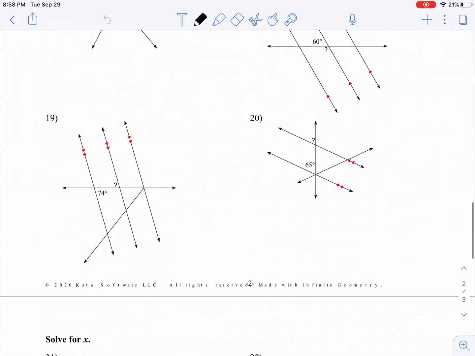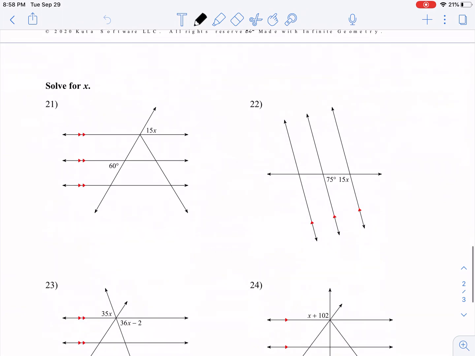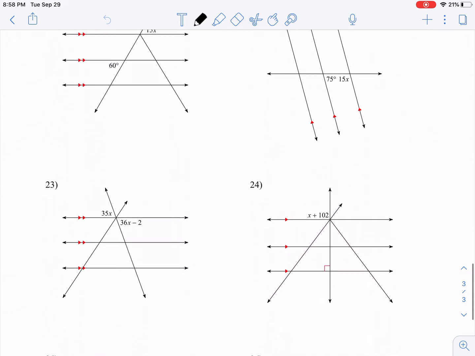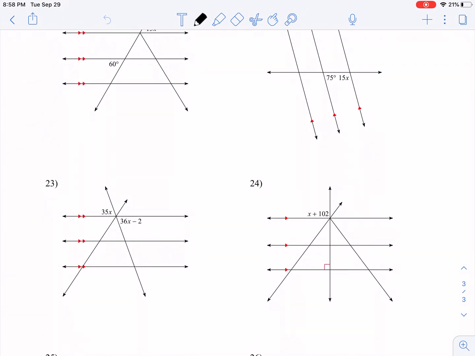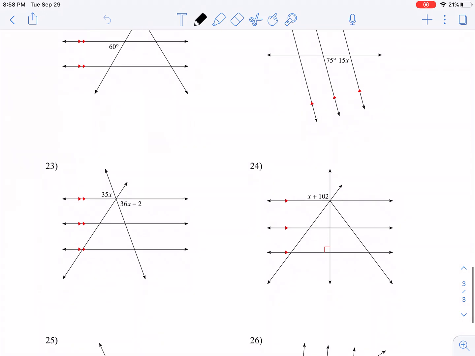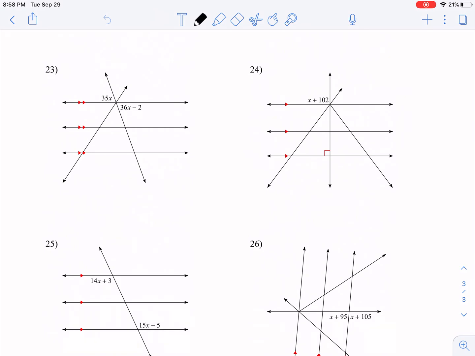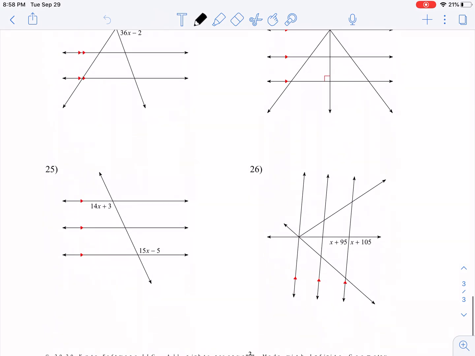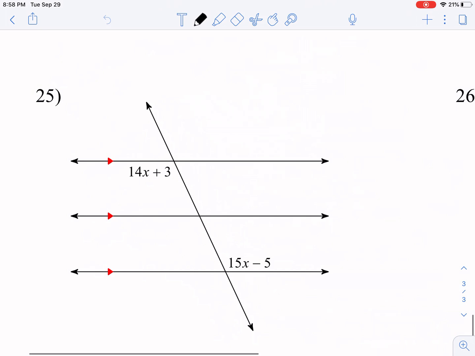Well, we're going to go ahead and use one of these examples anyways, okay? I just want to talk about how to work through a couple of these algebraic examples with you guys. Let's see if we can find a good one here. Let's look at number 25, okay?